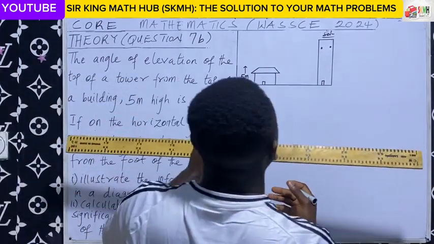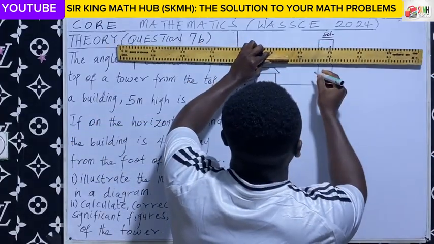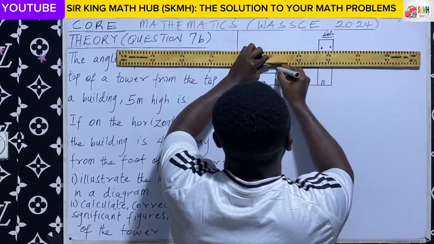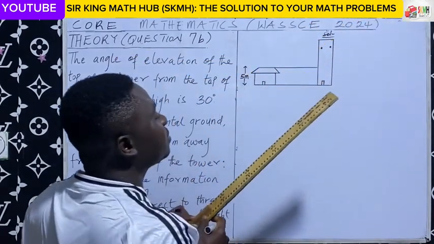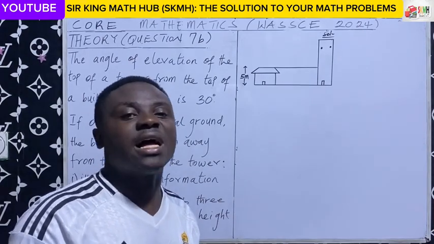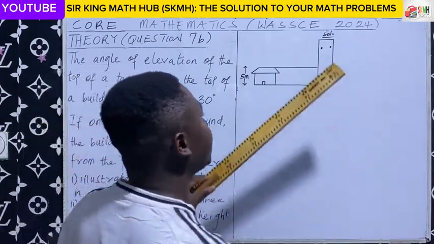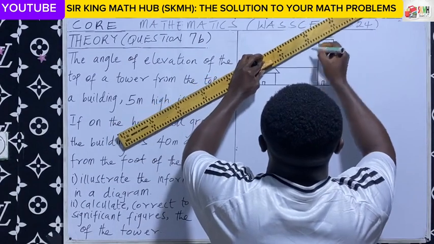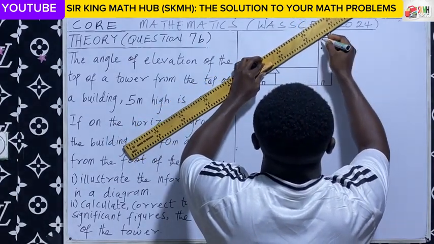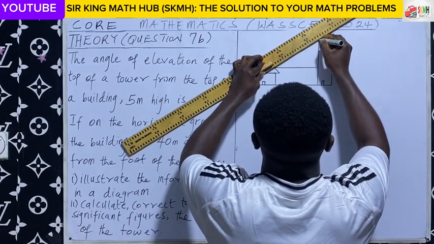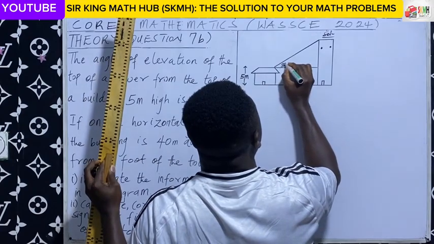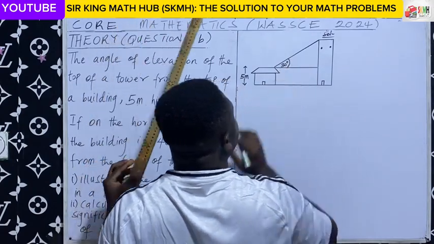So before we measure the angle of elevation, there must be a horizontal line of sight. And then we know that angle of elevation is the angle above the horizontal line of sight. So the angle of elevation from the top of the building to the top of the tower measures 30 degrees.